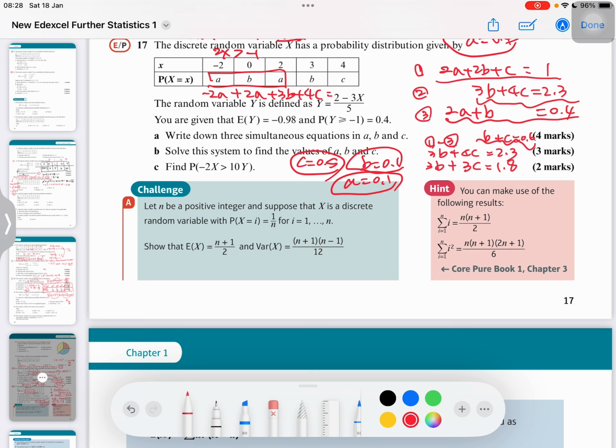Let me do it again. B plus C equals 0.6, 3B, 3C. C equals 0.5, B equals 0.1, A equals 0.15. Yep, then it makes sense.